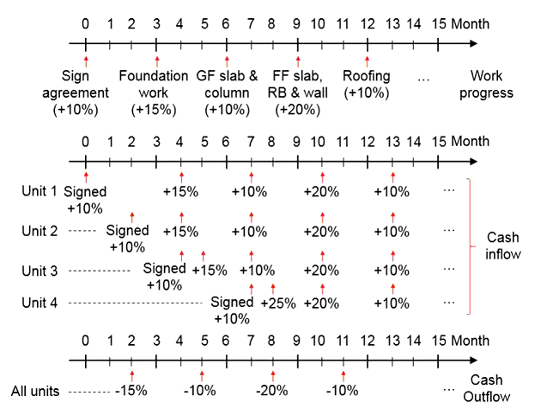to the work progress. Let's say for the first unit, one unit has been sold immediately before the project starts. By then, you will receive 10% of the selling price as per indicated by the payment schedule.